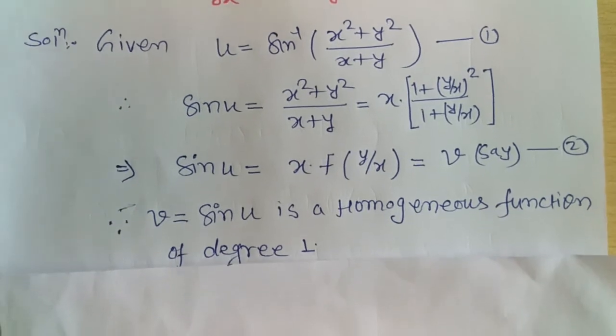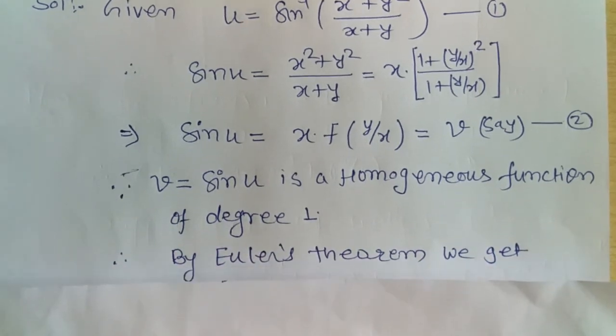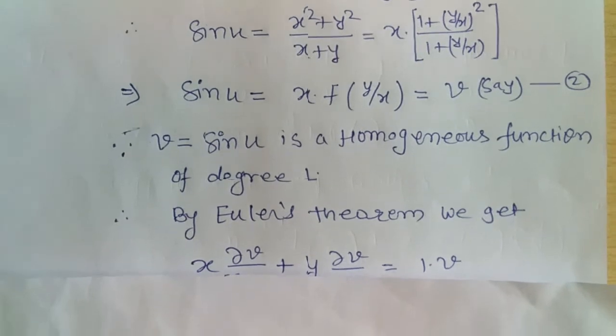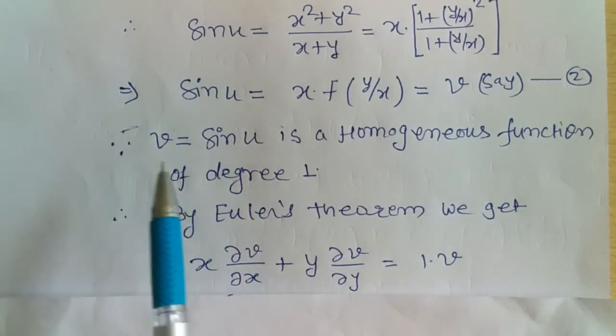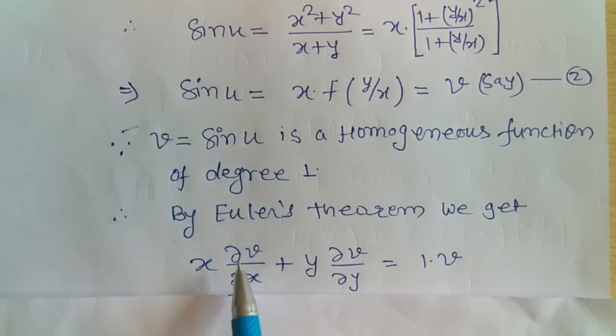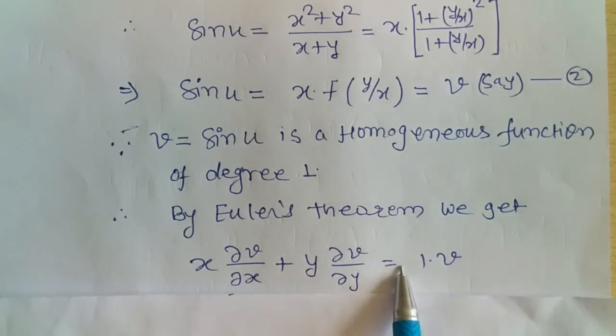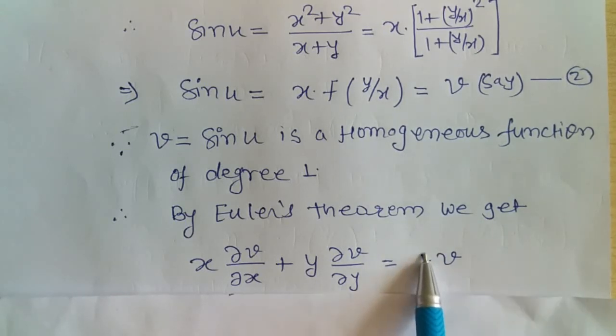Therefore, since v equal to sine u is a homogeneous function of degree 1, by Euler theorem we have, because v is homogeneous, we apply Euler theorem on the function v. So x del v by del x plus y del v by del y equal to 1 time v, as v is a homogeneous function of degree 1.